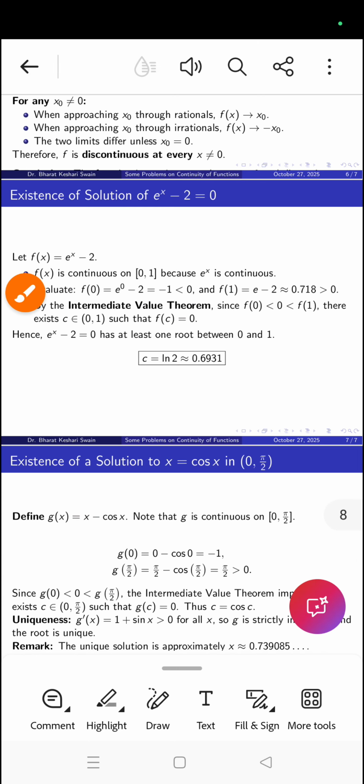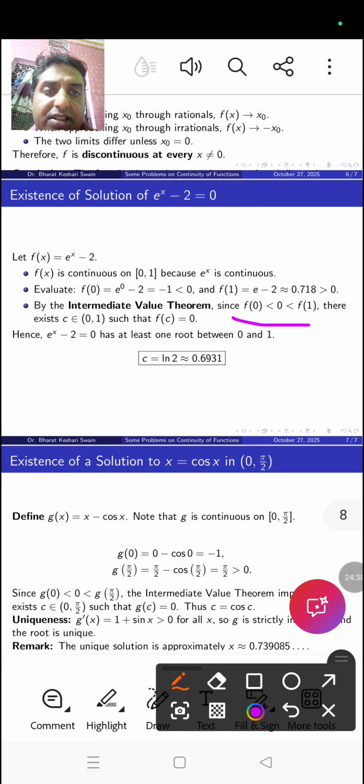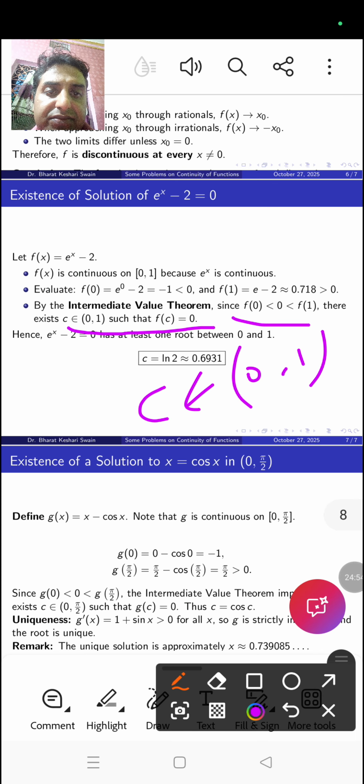There exists c such that f of c equals 0. f of c equal to 0 means there is a solution of f of x equal to 0, a root of the function, where c is in between 0 and 1. Clear?